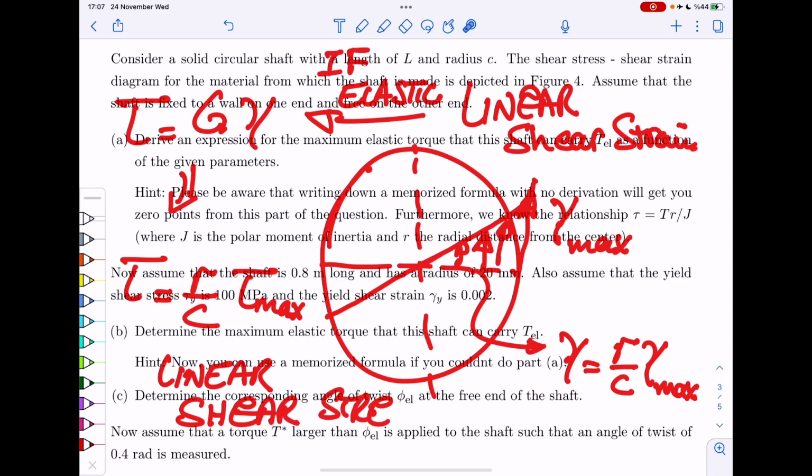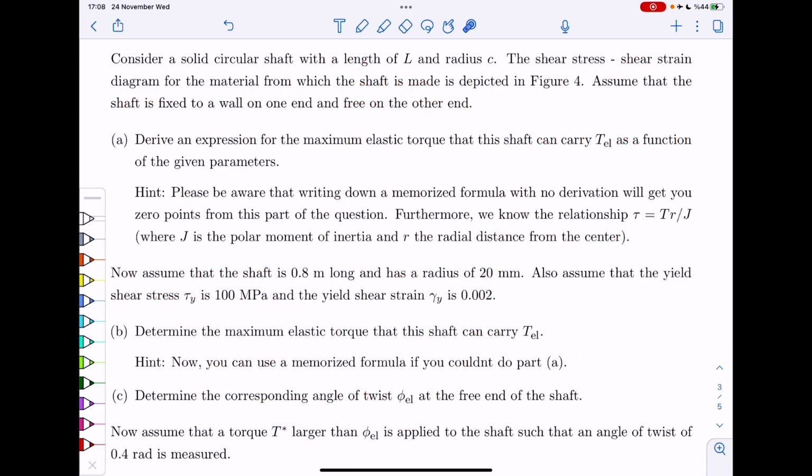Now, pay attention. Linear shear strain is geometrical. It always holds. It's always correct. But linear shear stress is only valid if it's elastic. And this is all this problem is about.